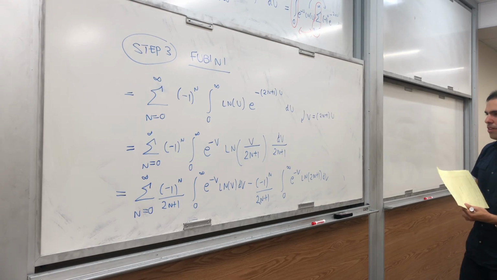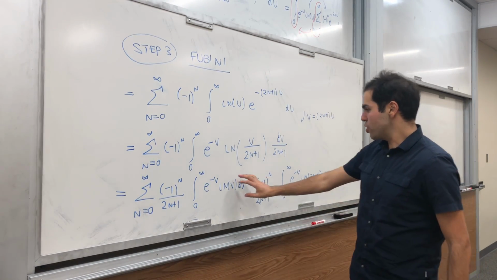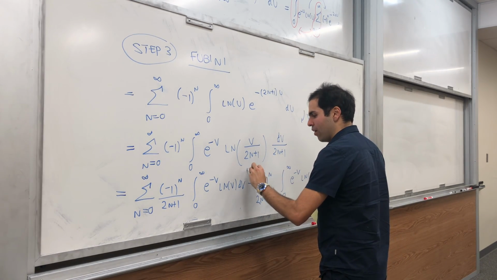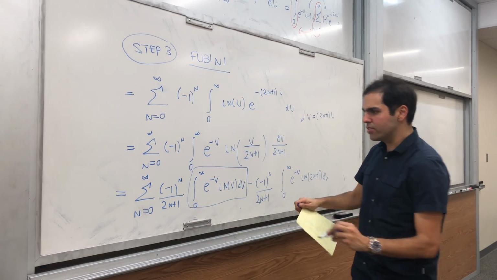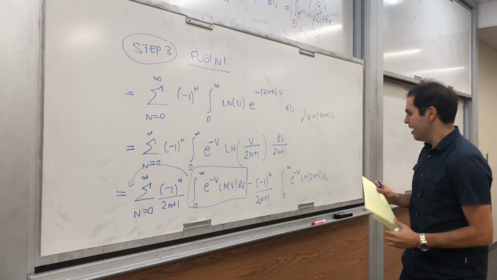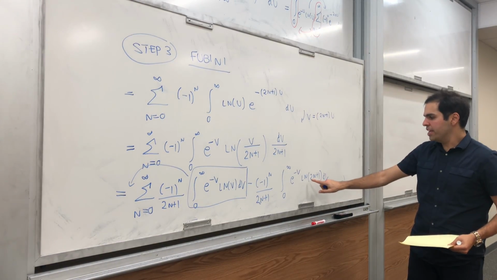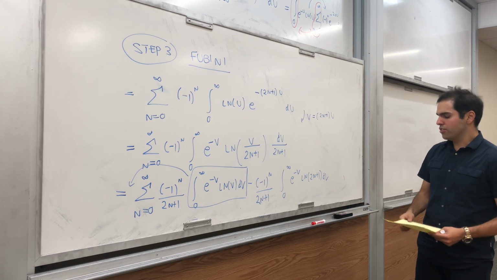All right, and now what's the next step? Well, notice this term here doesn't involve n at all. In particular, this term we can pull outside of the sum. And notice also if n equals 0 here, ln of 1 is 0, so it doesn't involve the sum at all.